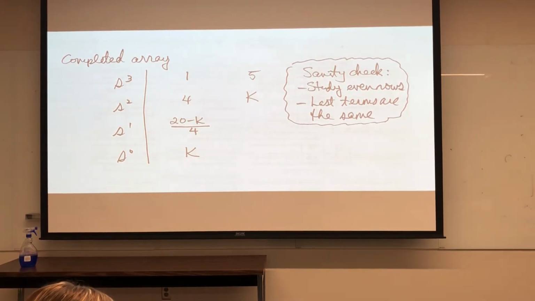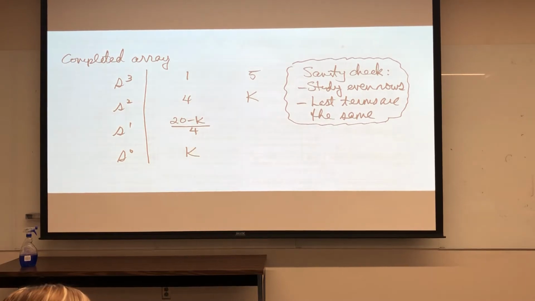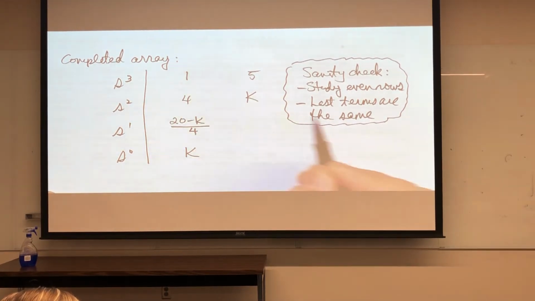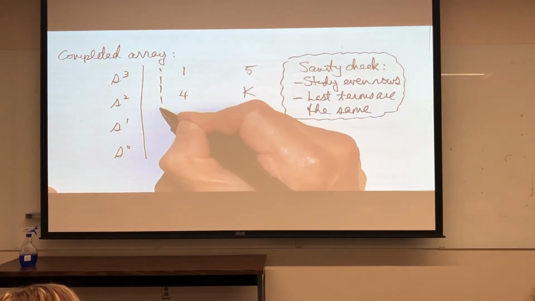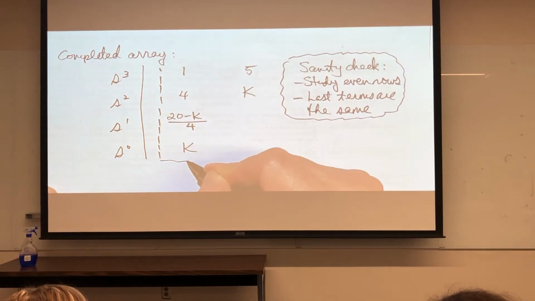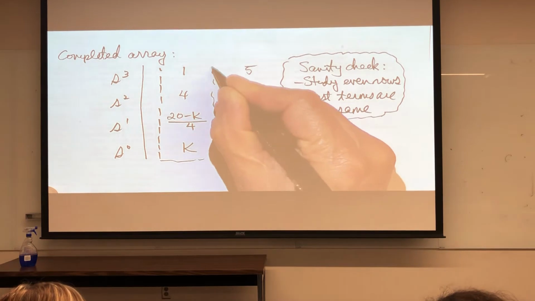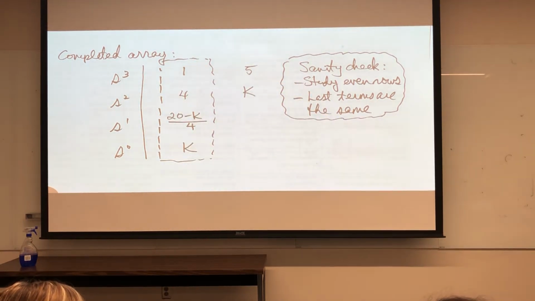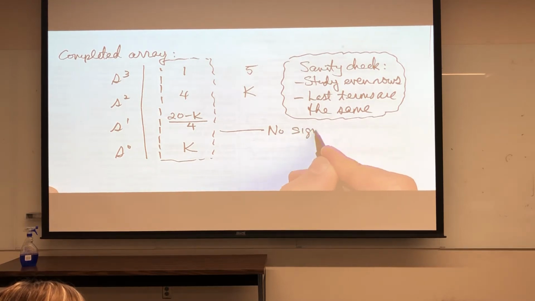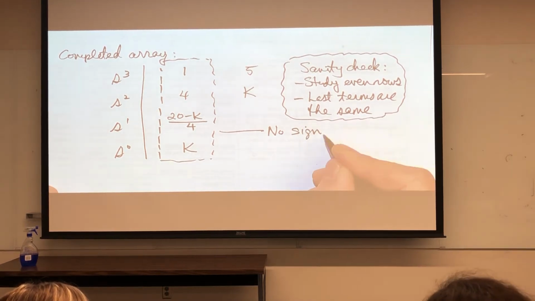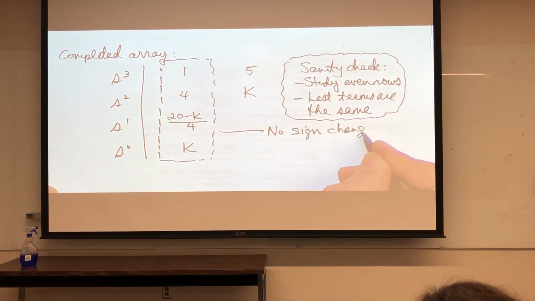All right, so now our question is, we've got to focus on this row. This is the completed row that we've done the sanity check on, and now what we're going to do is study the set of coefficients. For a system to be stable, we must have no sign changes here.